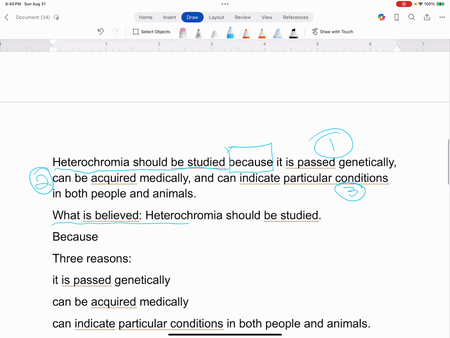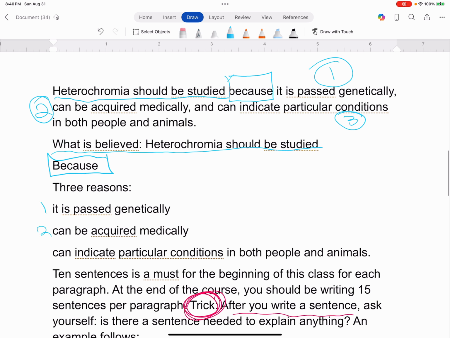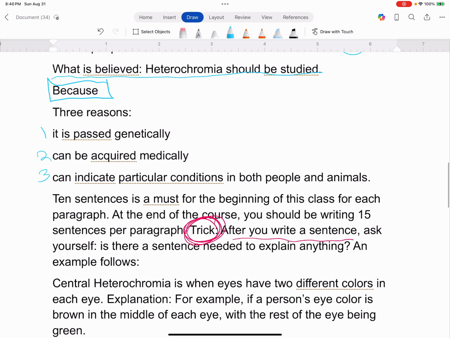What is believed? Heterochromia should be studied. Then the word because. Then the 3 reasons. 1, 2, 3. Do not number them in your paragraph. So you should be able to write a thesis statement by the end of this semester so easily because we're going to practice it. 10 sentences is a must for the beginning writer in this class.